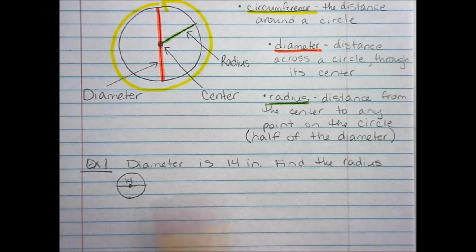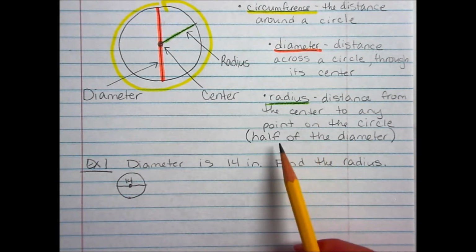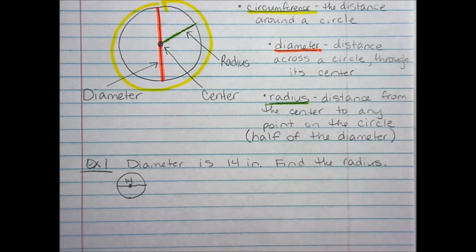Okay, so to figure out the radius, we go back up to our definition and remember that the radius is half of the diameter. So if a number is half of something, what operation do we use in order to solve that, Seth? Division. And so specifically with half, we'll divide by 2.